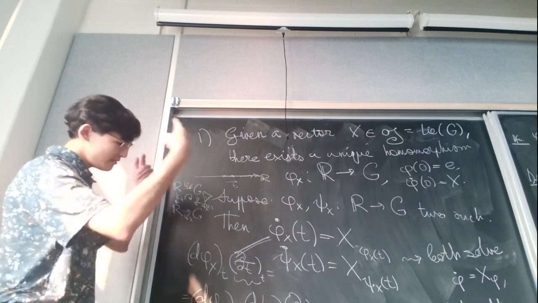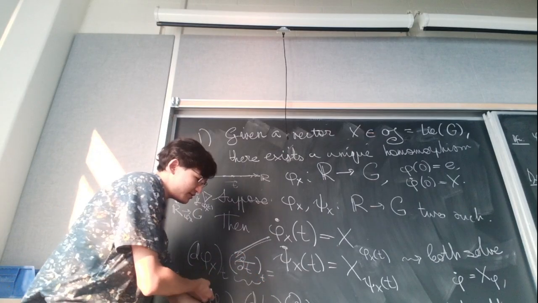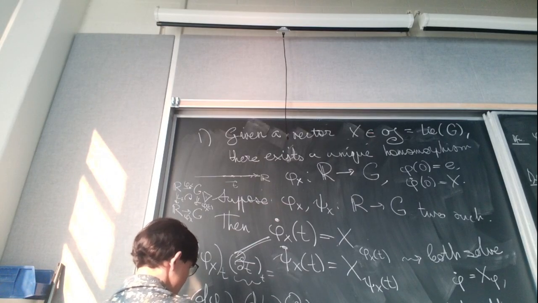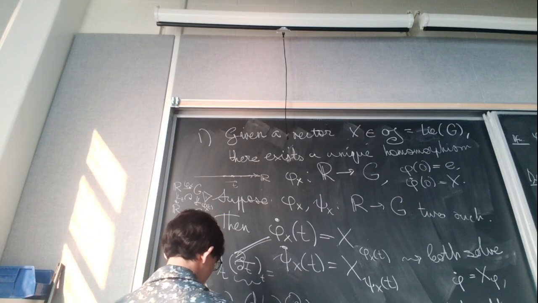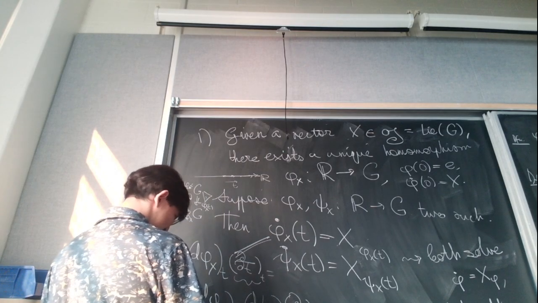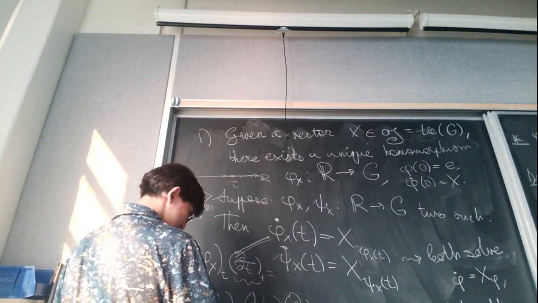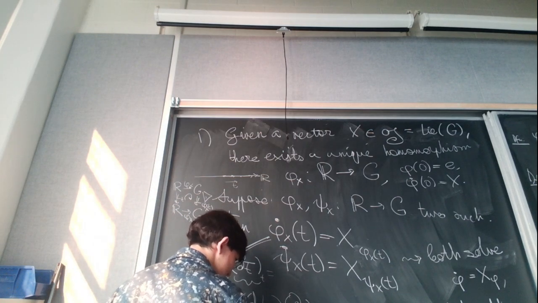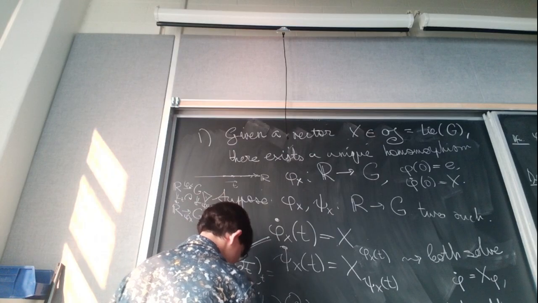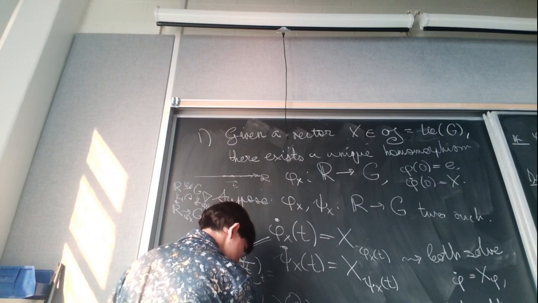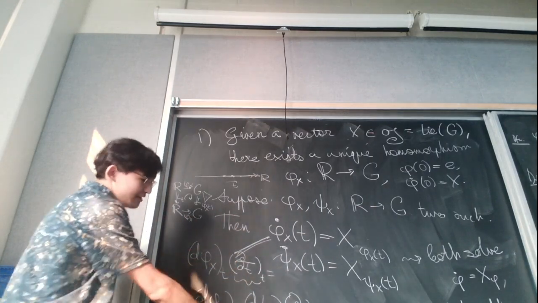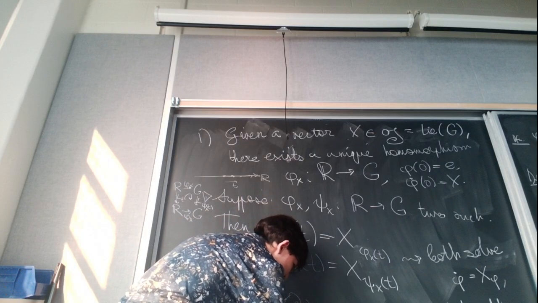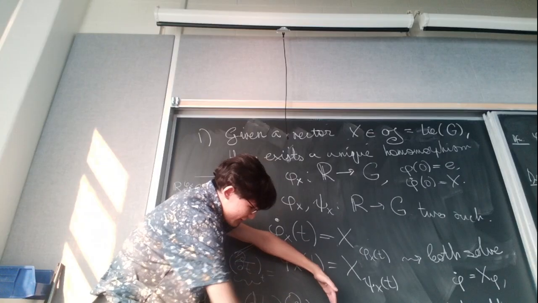But this diagram is commutative, and therefore you can exchange these two and get instead dL_{phi_x(t)} at e of d phi_x at 0 of the unit vector, which is just the left translation of the vector x, and this is just x by the initial condition.